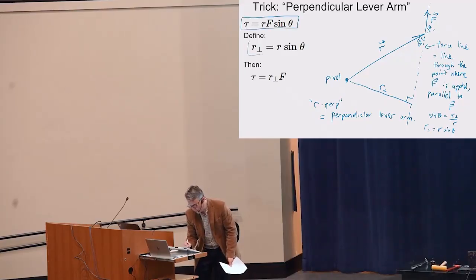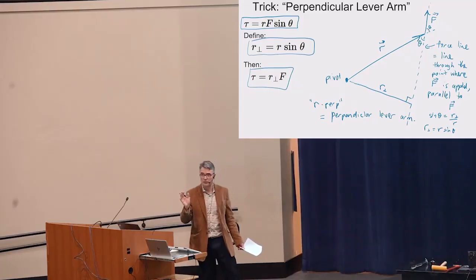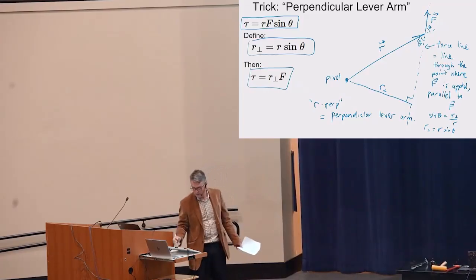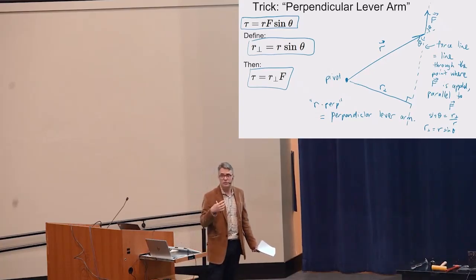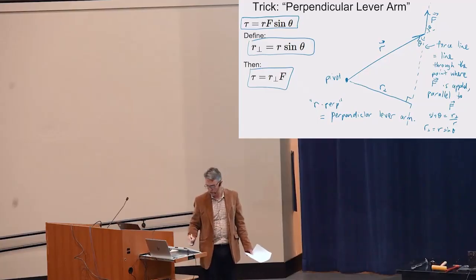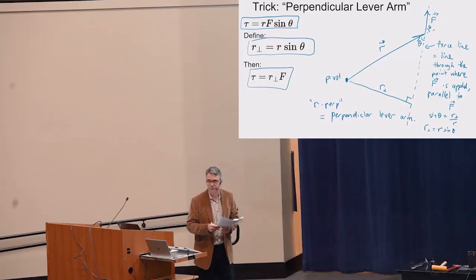But if you define this as being r sine theta and rearrange, you find that the torque is just equal to the perpendicular lever arm times the force. And so if you can do a good sketch of your forces and find the perpendicular lever arm right from your sketch, you can save yourself the trouble of multiplying by sine theta. And you can just find r perpendicular. It's a nice little trick, and we're going to use it a lot.